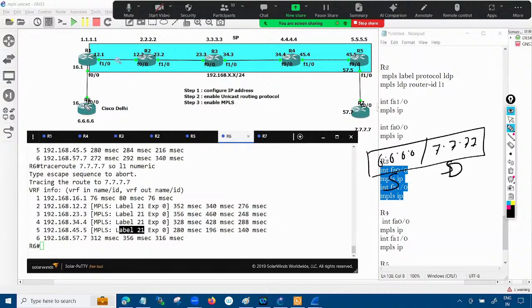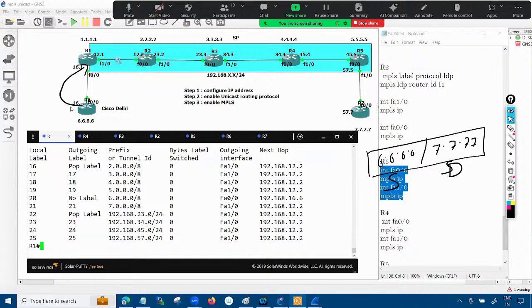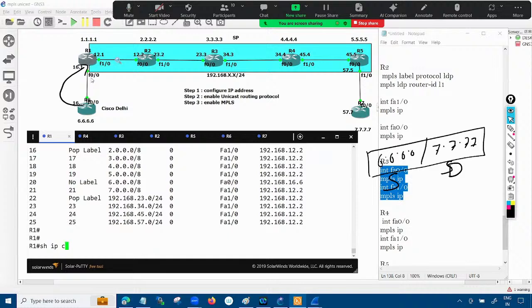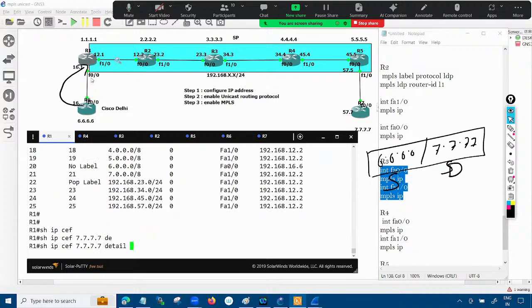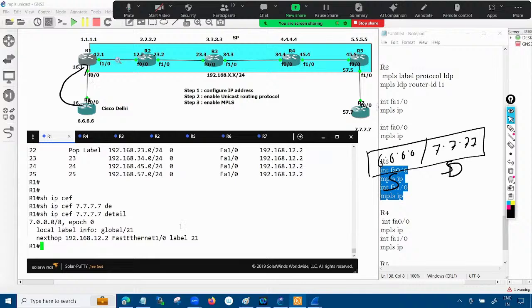When this IPv4 packet is received on the router 1 interface, which lookup is router 1 going to perform? Routing table lookup, or the IP CEF table lookup. On this particular interface there is no MPLS, so it will look up the CEF table. If you put the command show ip cef 7.7.7.7 detail, it will show you that you need to go with the label 21.